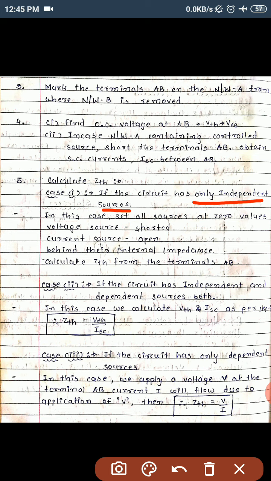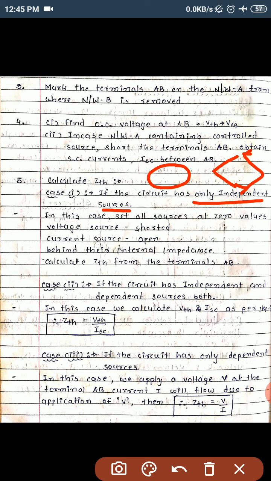Okay, so the independent source is given in a circle and the dependent source is given in this kind of manner.